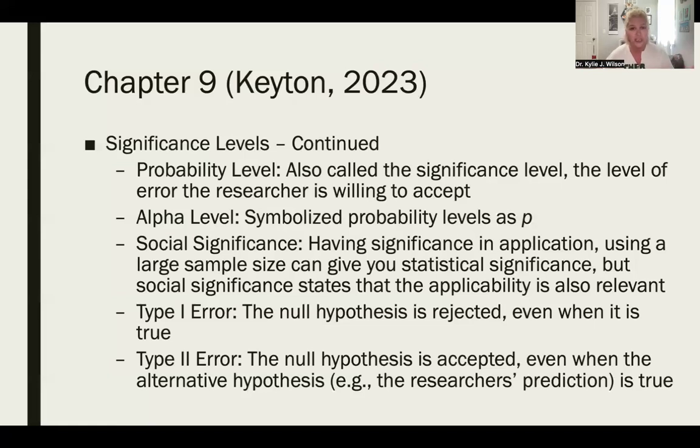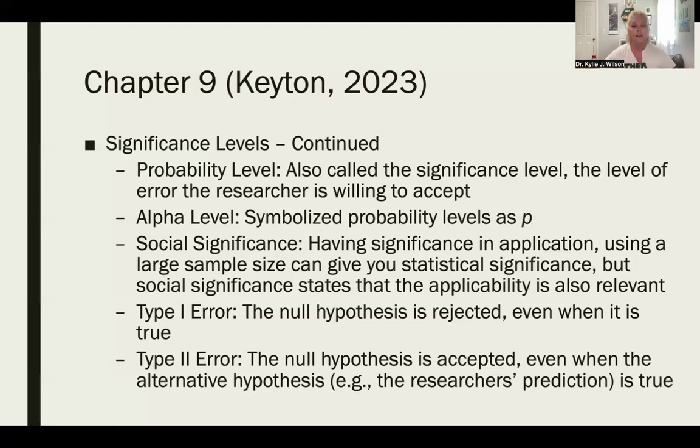I don't know. Whoever she's dated in the past, right? That's type 1 error where the null is rejected. I say, yes, they are more satisfied, but there's not actually enough data to support that. The null is actually true.